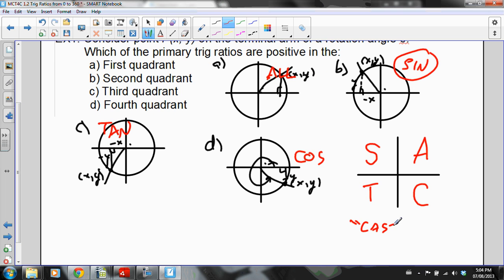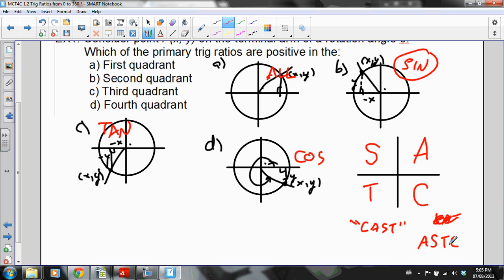The CAST rule essentially just tells us which trig ratios are positive in each of the quadrants. How that's useful, we'll see that soon. But notice the CAST rule is kind of weird in itself because we start counting in the first quadrant where all of them are positive. So a better thing would be ASTC, but that's pretty hard to say.